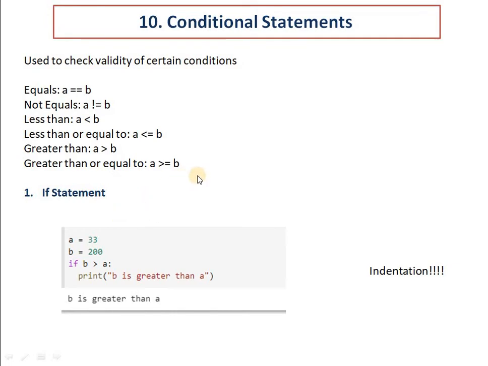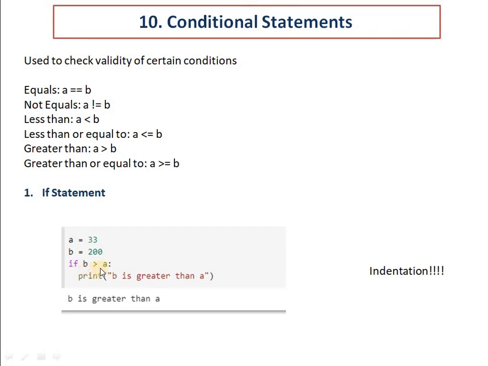So for condition checking, we use a statement called the if statement. So if statement, let us study this through an example. A is equal to 33, B is equal to 200, and I am asking if B greater than A colon, do not forget this colon, it is important.